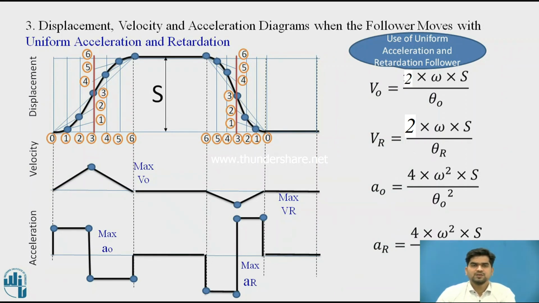By knowing these procedures, one can draw the displacement, velocity and acceleration diagrams when the follower moves with uniform acceleration and retardation. So this is the complete diagram of the acceleration, velocity and displacement diagram when the follower moves with uniform acceleration and retardation.